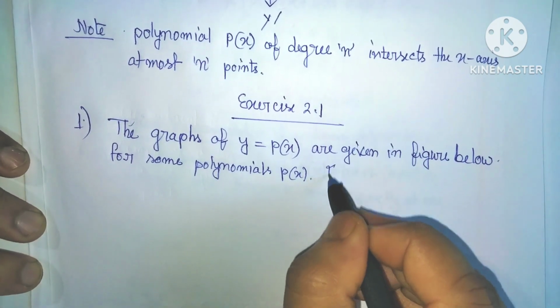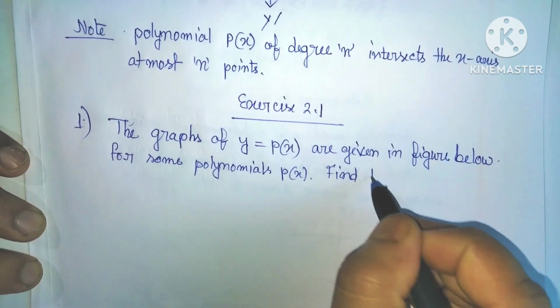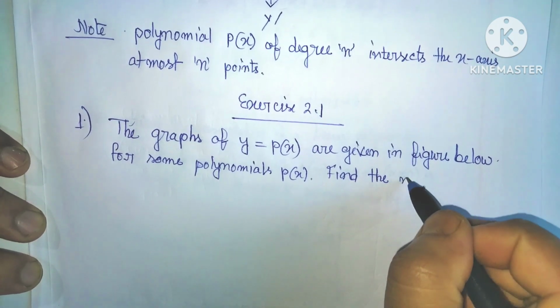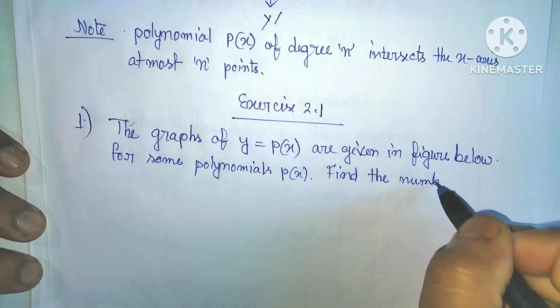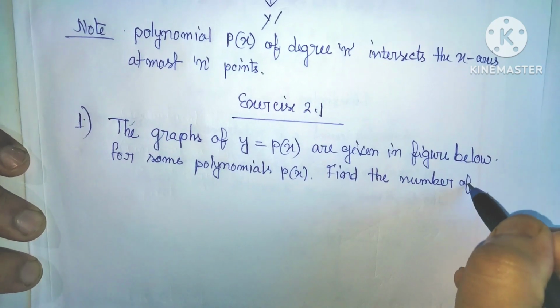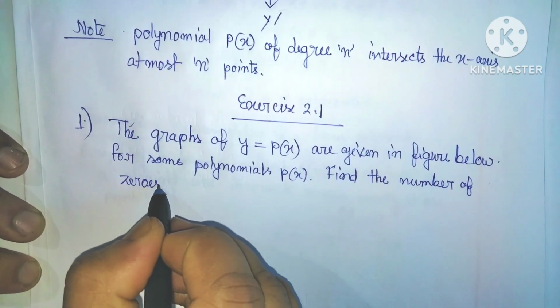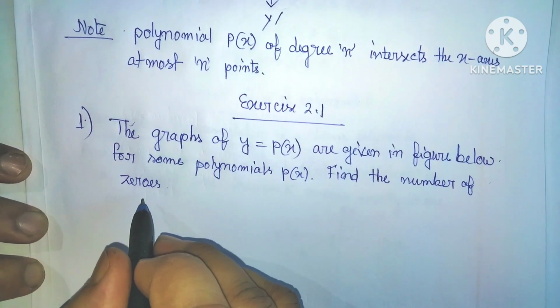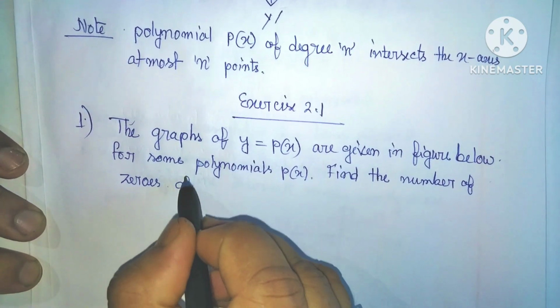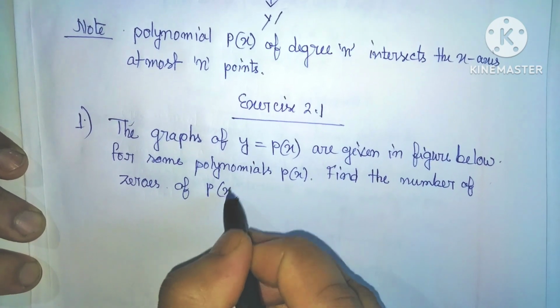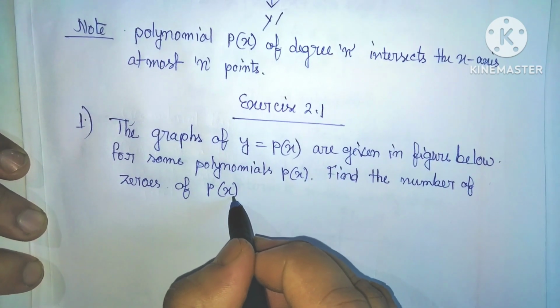Find the number of zeros of p of x in each case.